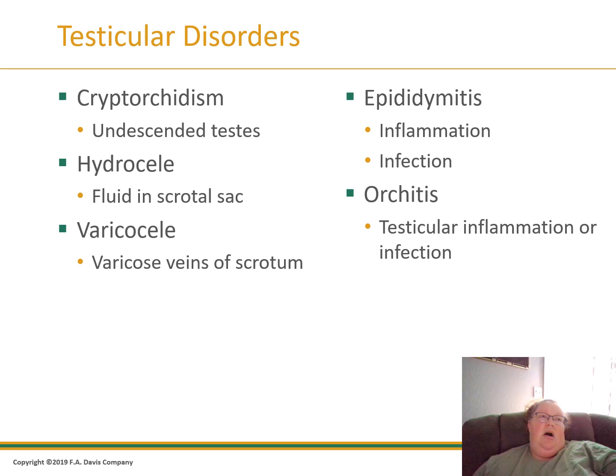Oftentimes when the testes have not descended, there will be a hydrocele there as well, so we will have to get rid of the hydrocele in order for the testes to descend. A varicocele is when there are varicose veins of the scrotum. Epididymitis is inflammation or an infection, and orchitis is testicular inflammation or infection.